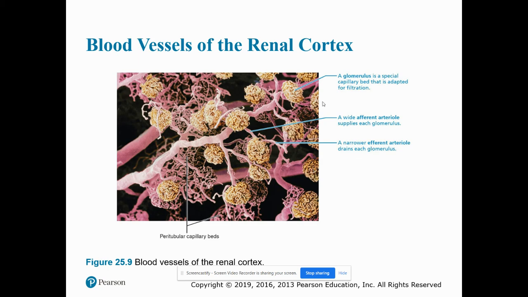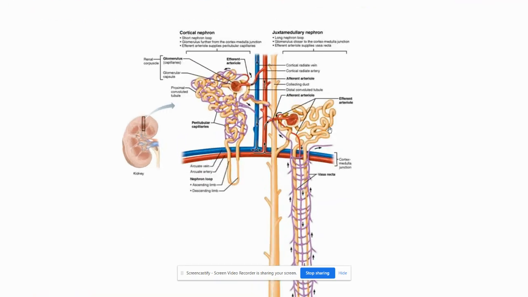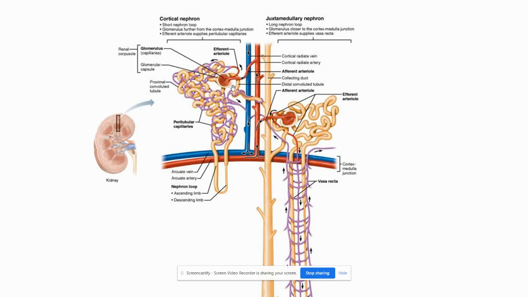We have a glomerulus here, and then a wider afferent arteriole, and this more narrow efferent arteriole. And this is just showing everything once again. So again, these cortical nephrons are almost entirely in the cortex, and they have the peritubular capillaries associated with them.